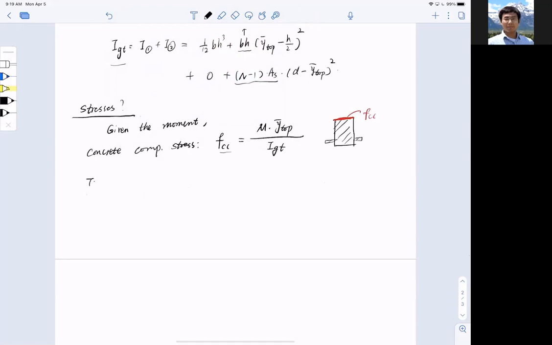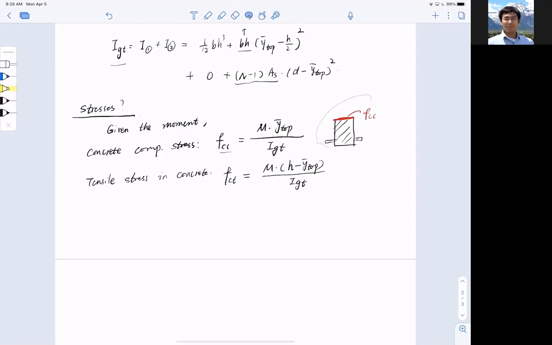Now for tensile stress in concrete, FCT equals the moment M multiplied by the distance, which is h minus y top, divided by IGT.